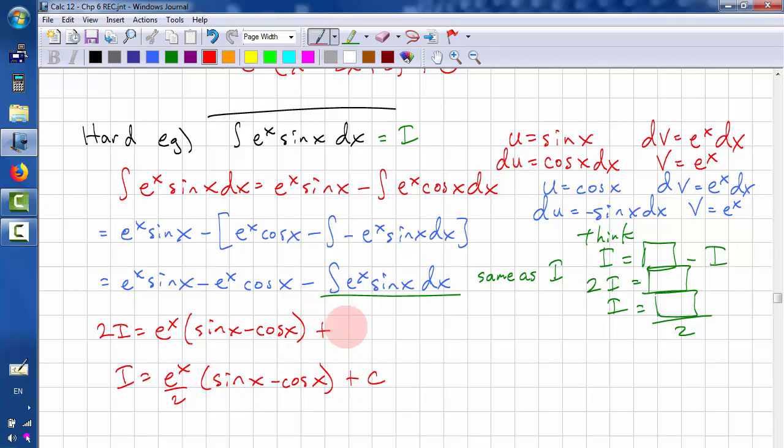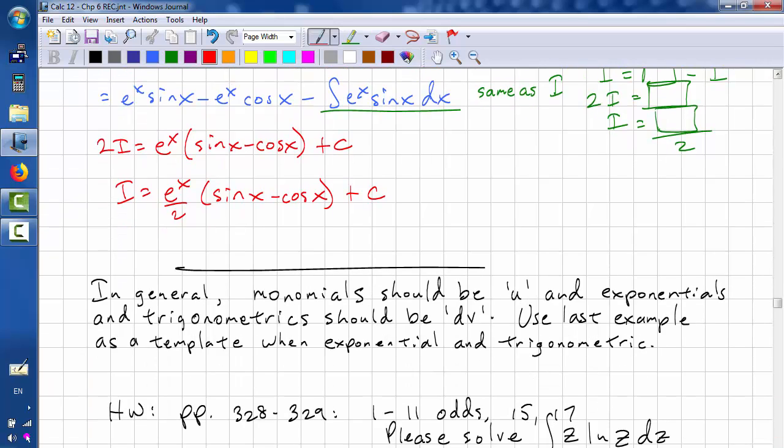And we should have plus c over here as well. This is important. Okay, so in general, the monomials should be u, and the exponentials and trigonometrics should be dv. And you can use this last example as a template when you're dealing with exponential and trigonometric. And that completes this lesson.